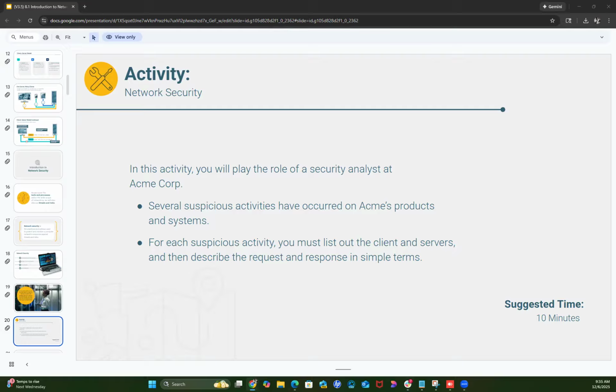Okay, you have only 10 minutes. Finish this activity. In this activity, you will play the role of several. For each aspect, we must list the.